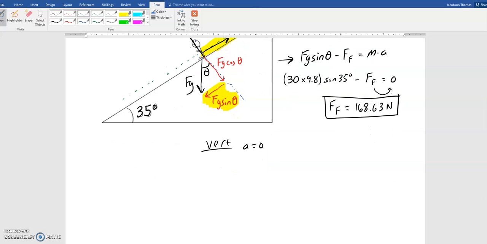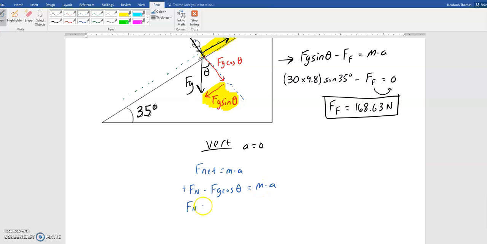So we'll start off with F net equals m times a. I'll make upwards, Fn, the positive direction, so Fn minus Fg cosine theta, because it's going the opposite way, equals m times a.